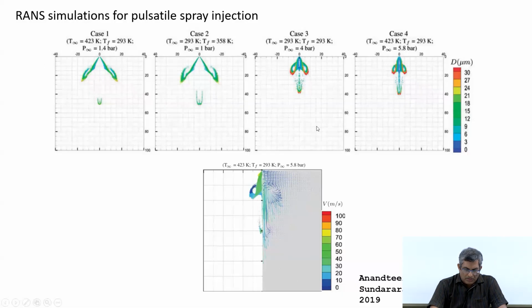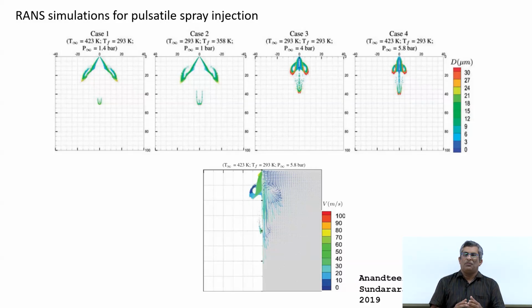However, the accuracy issues persist here, but it depends on what you want to investigate. For example, if you want to qualitatively assess what happens if the ambient pressure is high, what will happen to the structure of the spray, yes, here you see this, and that agrees well with experiments.